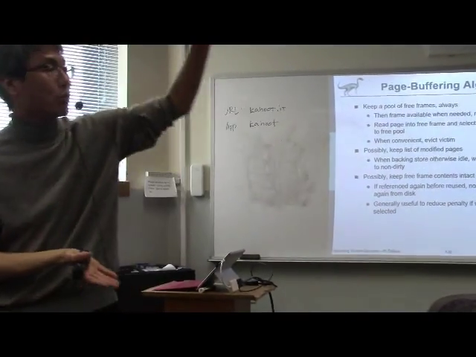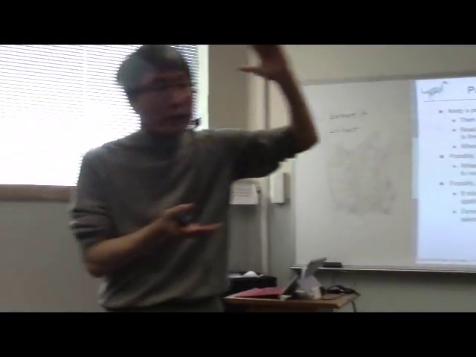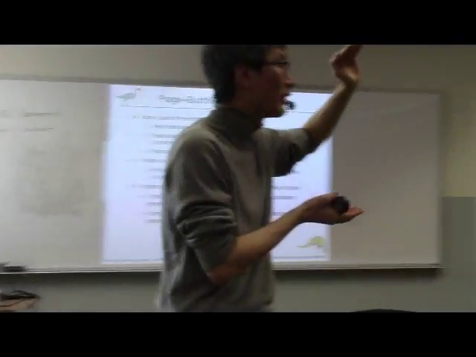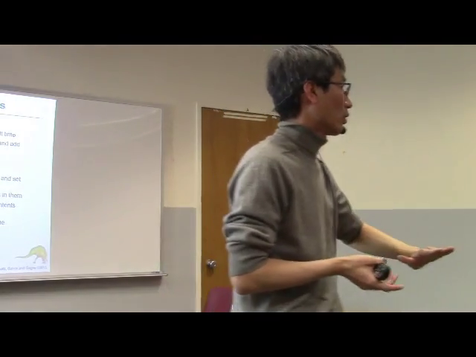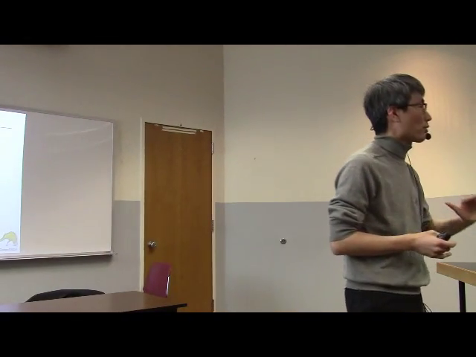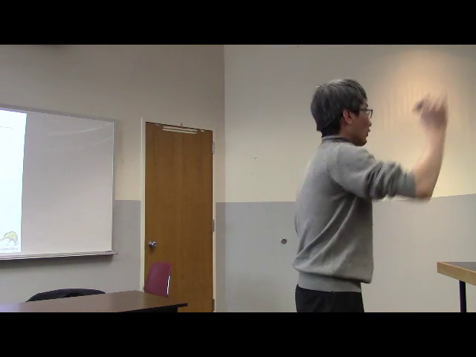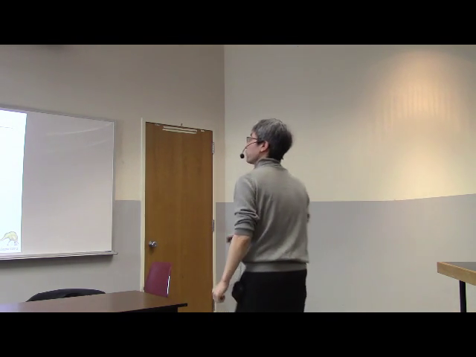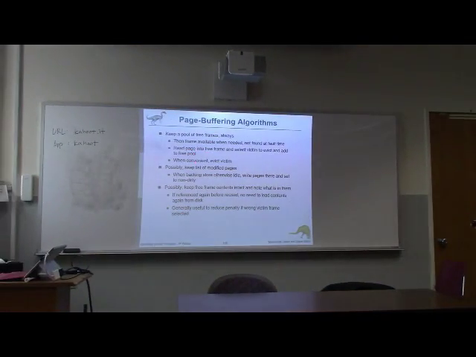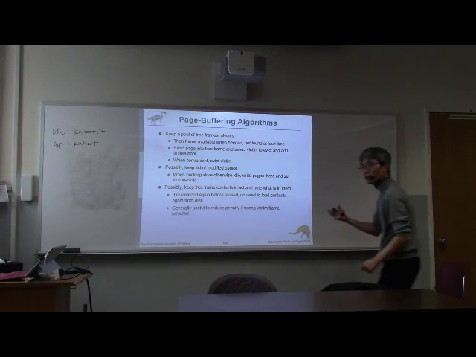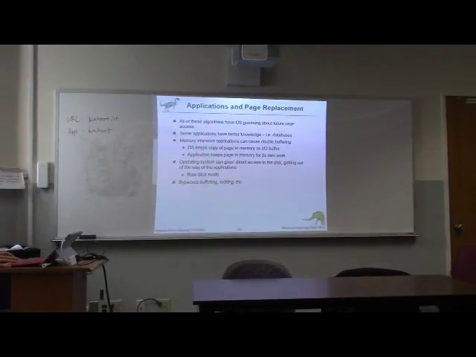Which means even though free page frames are not needed during the idle time, the computer resources are used at that time to select the victim for the future. Then keep that as the pool of free frames. Whenever we need it, we can assign the page frame. That is called the page buffering algorithm.